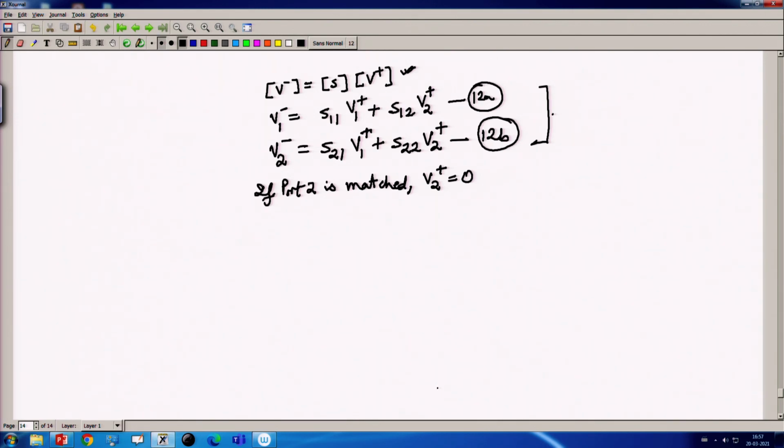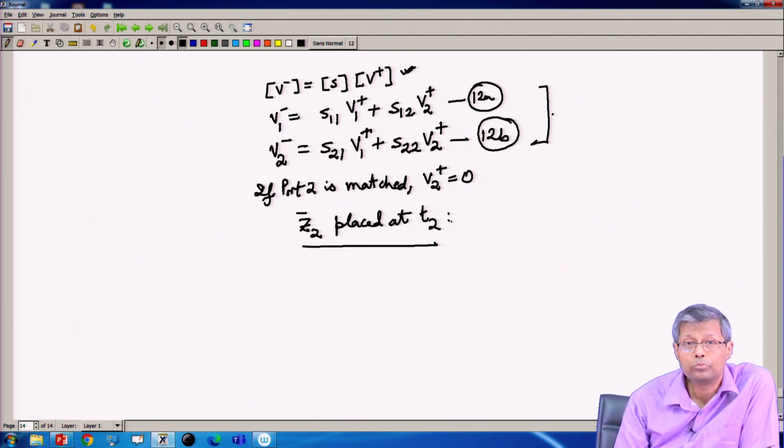Now, if a normalized impedance Z2 bar is placed at T2, therefore, there will be reflection from port 2.